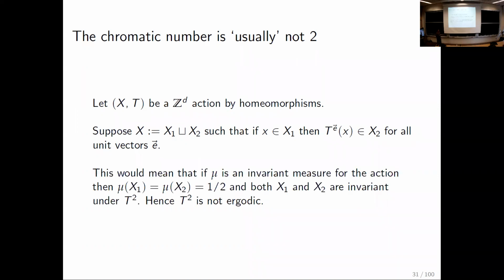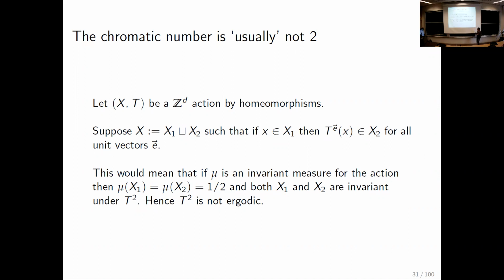What this would mean is that if there is an invariant probability measure on the space, then both X1 and X2 will have the same probability. And if, instead of looking at the map T, I looked at T squared, where I applied it twice, then it would be invariant.